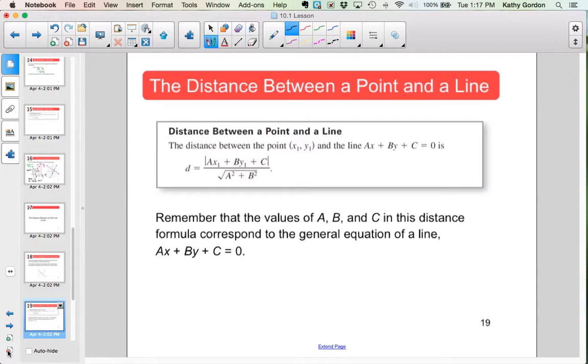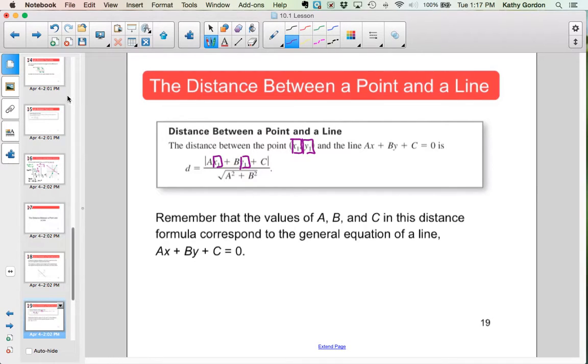All right, so where are all those pieces coming from? Well, obviously you have a point, and so the x1 and y1 are the coordinates of the point. So this right here and this right here are coming from these. You know what?